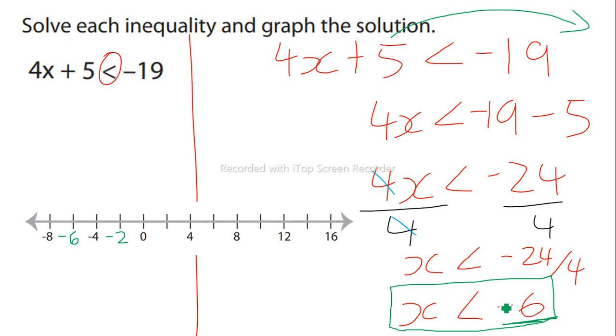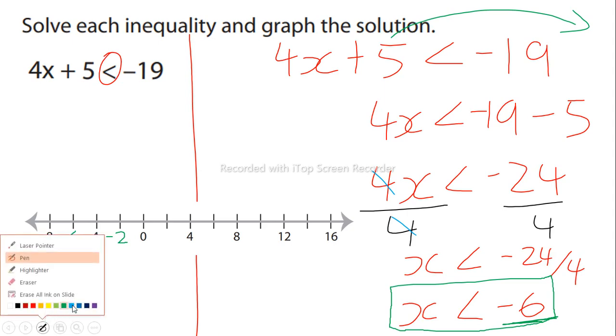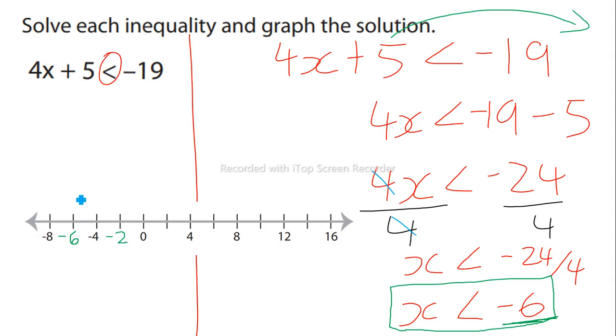Once we find -6, we would go to it and put an open circle or a shaded circle. Open circle. Why open circle? Because it's not included. Exactly, because we don't have a line underneath this inequality symbol.